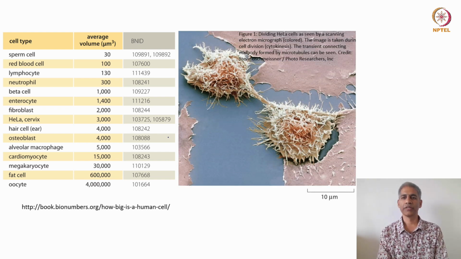Shown here are two HeLa cells which are being caught in the process of cell division, and you can see what is the length scale for this cell line. The HeLa cell, which is a cell line which is used widely in biology, comes from a patient whose name was Henrietta Lacks, and you should look up the history of this cell line and how it came to be used in biology.